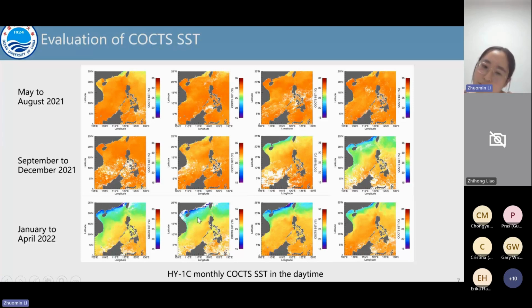And the characteristics of the SST fronts distribution indicate that the cloud detection algorithm and the quality level defined retain a lot of SST gradient pixels.